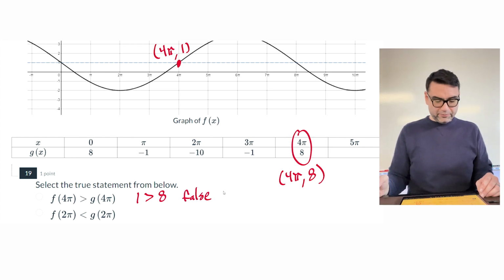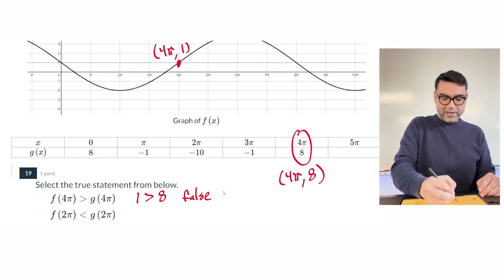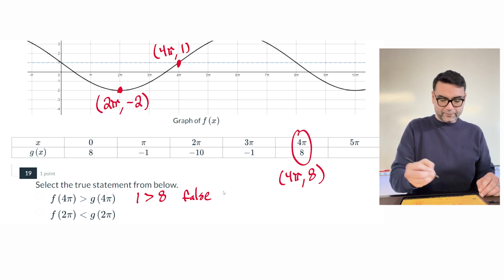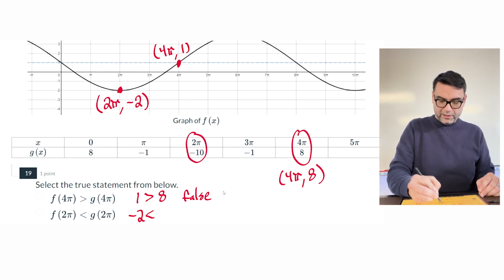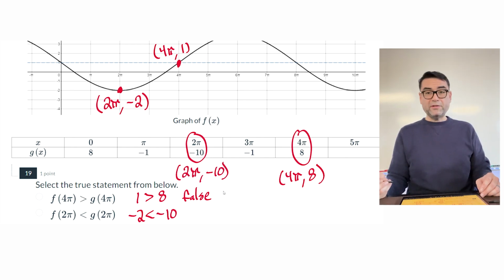Okay, the next one. It says what's going on at 2 pi. So at 2 pi here, this would be 2 pi comma -2. And they're checking if it's less than what's going on at 2 pi here. So this point would be 2 pi comma -10. So is -2 less than -10?